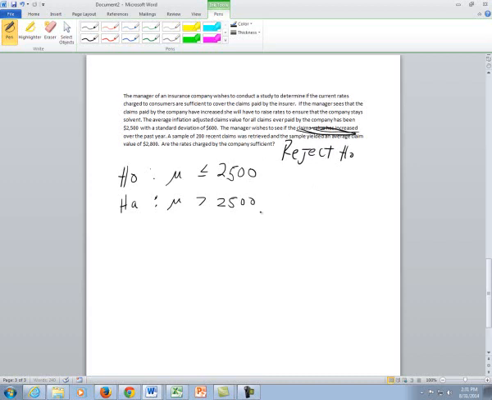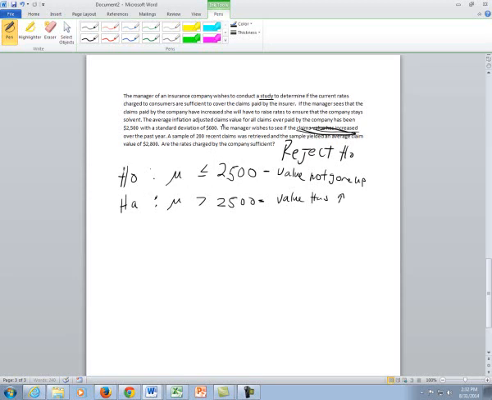Alright, so our null hypothesis was, because remember this was a study, that the value has not gone up. And our alternative is that the value has increased.